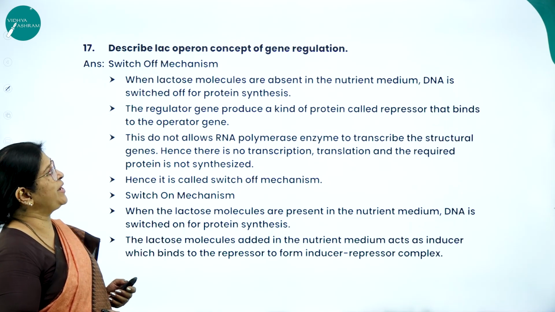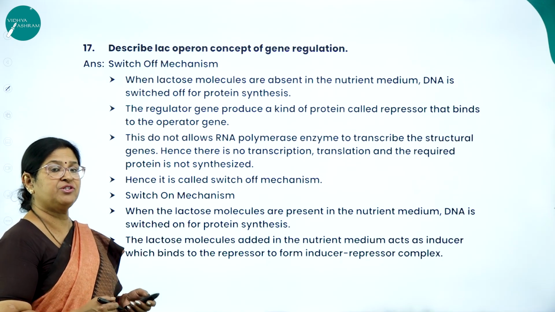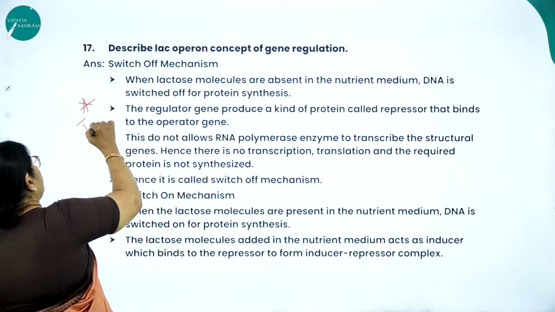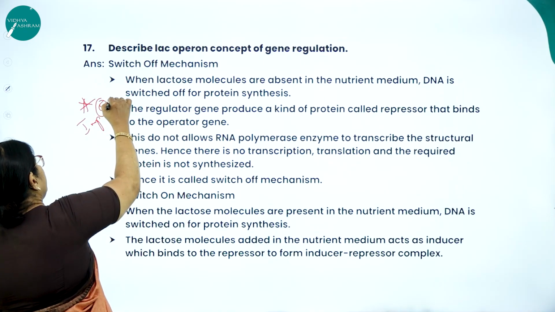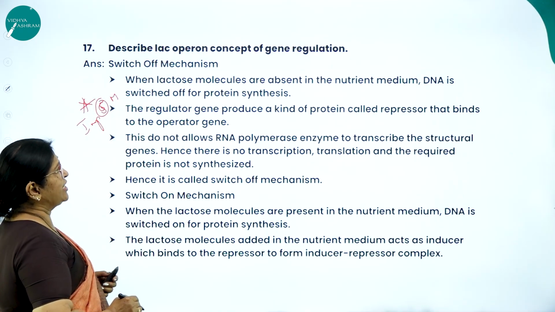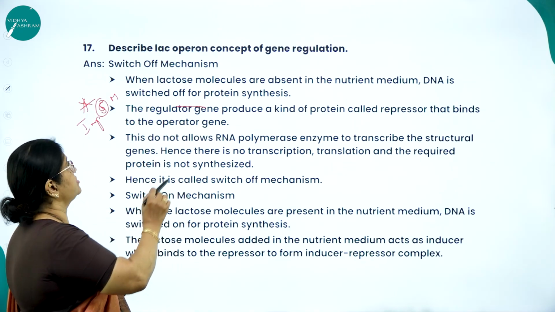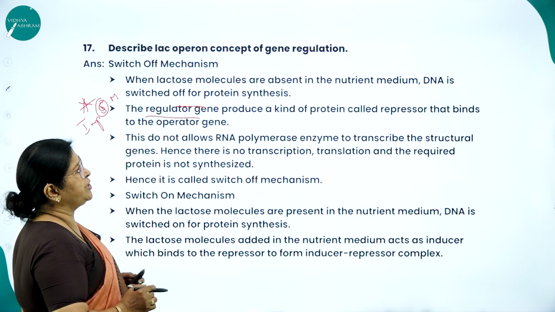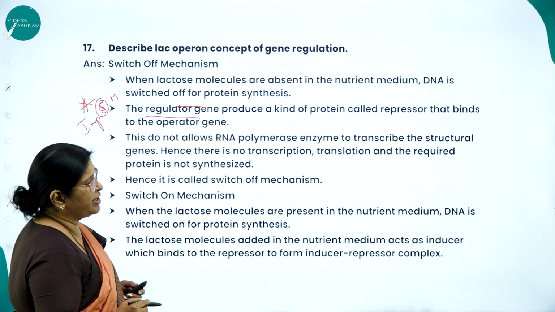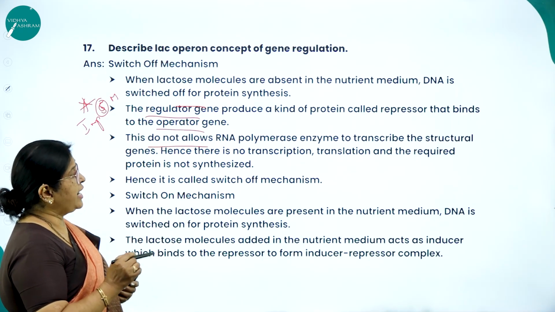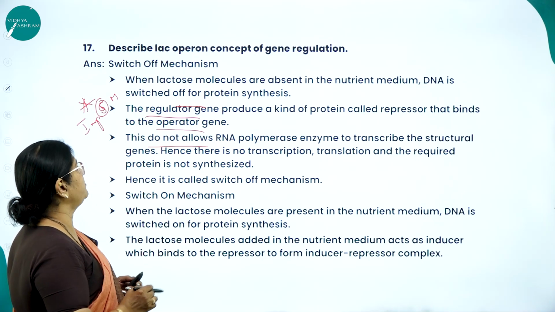Then describe the lac operon concept of gene regulation, that is the switch off and switch on mechanism. This is also a very important 5-marker question. When lactose molecules are absent in the nutrient medium, DNA is switched off for protein synthesis. The regulator gene produces a protein called the repressor that binds to the operator gene. This does not allow RNA polymerase to transcribe the structural genes.